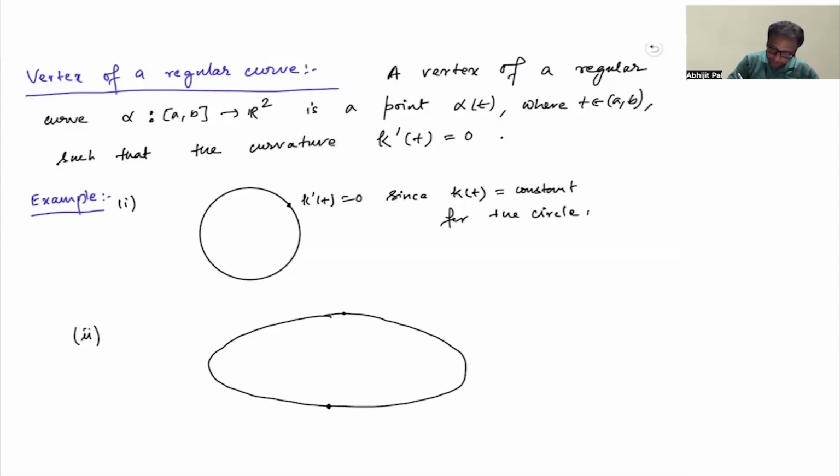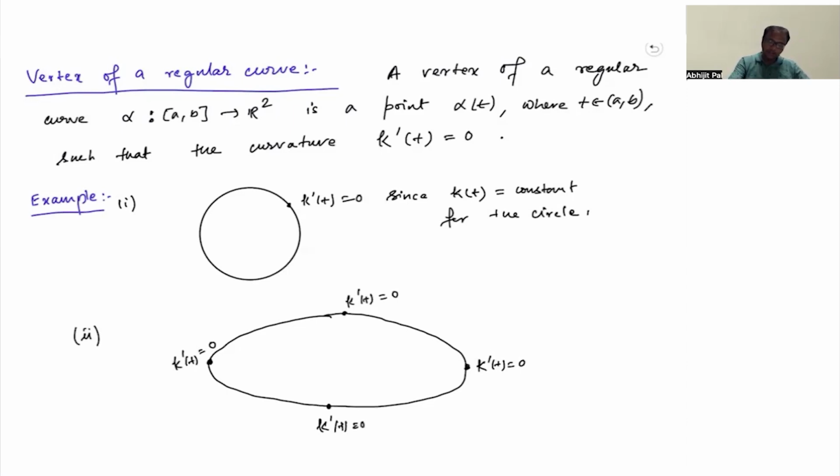At these points, you can check that the curvature attains the extremum value. So at these points k prime t will be equal to 0. These are my 4 vertices for this ellipse.